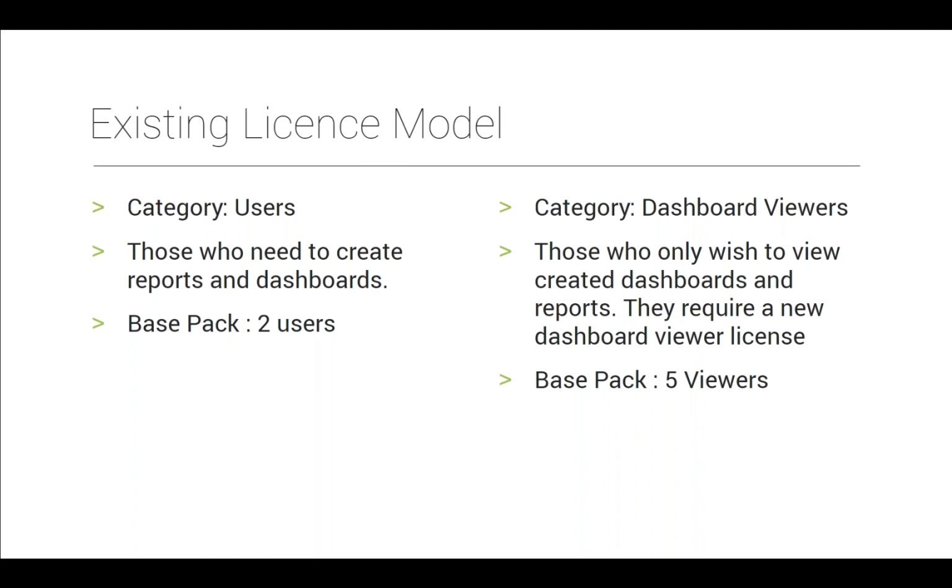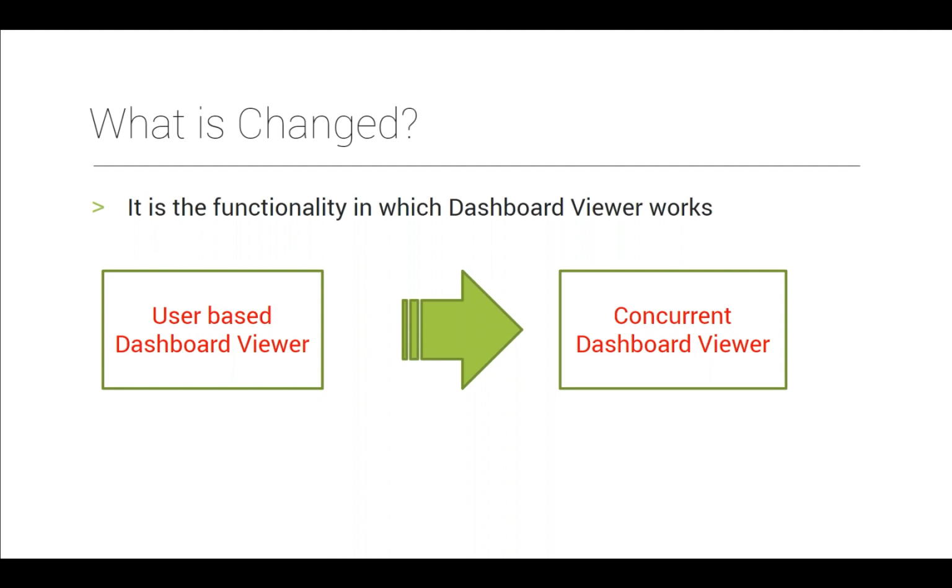There's going to be no change related to the number of users or the number of base pack viewers with respect to the new model. But what is the change all about? Primarily, the functionality of the dashboard viewer is getting changed. When we say functionality, it's the method under which the dashboard viewer works.